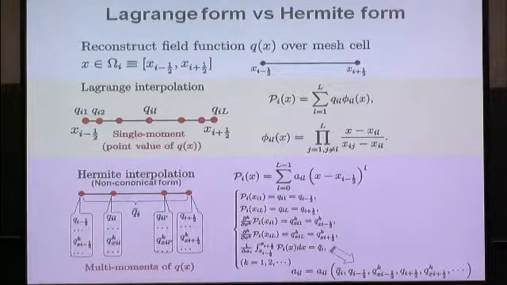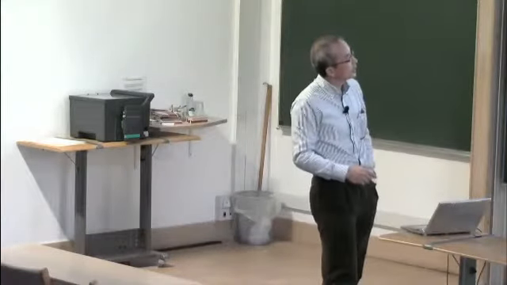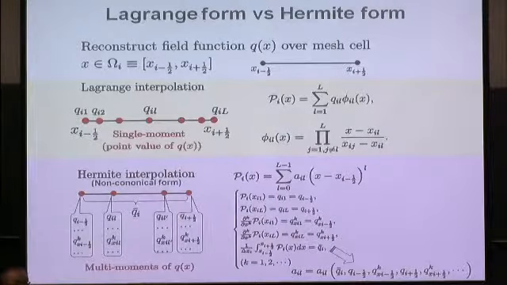That means we use multi-moments of Q for the reconstruction. The method is different, the information that you use for reconstruction is also different, but you can get the polynomial function. The polynomial functions are also different in the two cases. So this makes the story different.